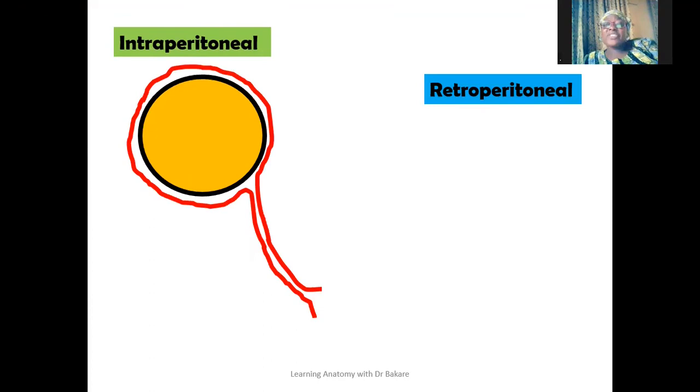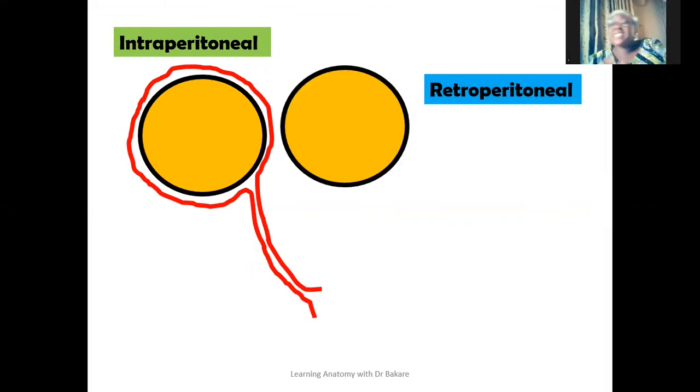So for retroperitoneal organs, the peritoneum lines just one surface of the organ, not the entire surface as seen in intraperitoneal organs. So for a retroperitoneal organ, let's say this is the organ also highlighted in yellow. You now see the peritoneum highlighted in red, running through just one surface of this organ. And as this is established, you see that this peritoneum is helping to hold this organ in place.